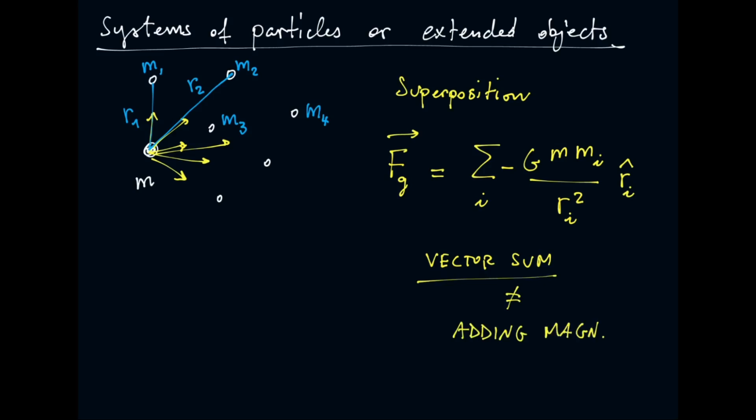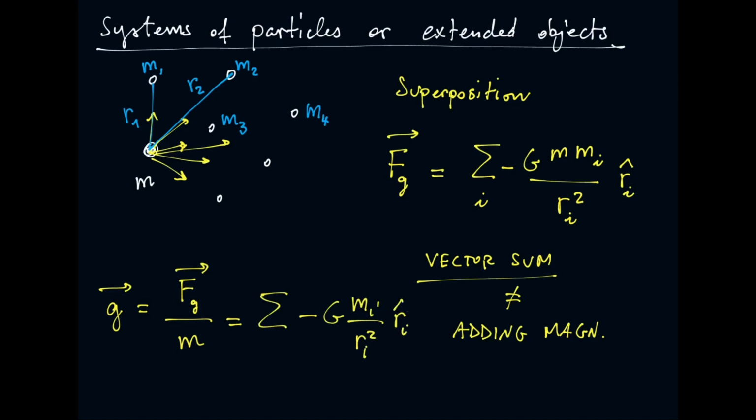And that's very important. And this maybe explains even better what I just said about the gravitational field, because the resulting gravitational field is simply this force divided by the mass m, and this is simply the sum of minus G m_i divided by r_i squared in this direction.